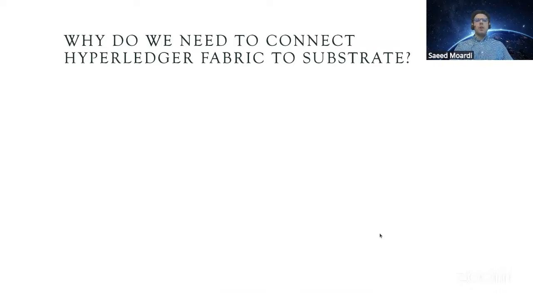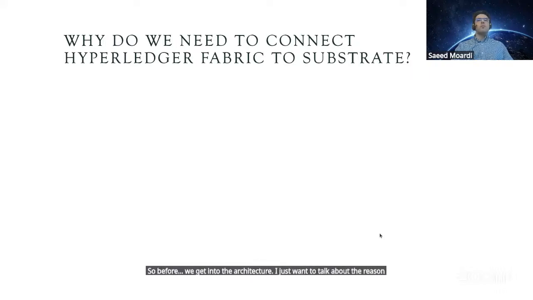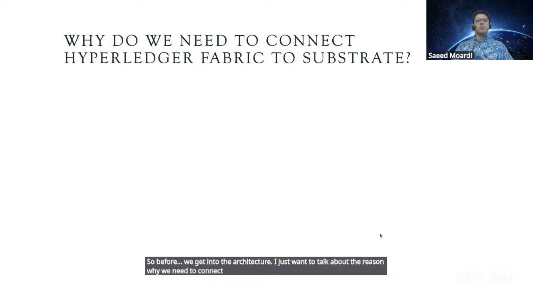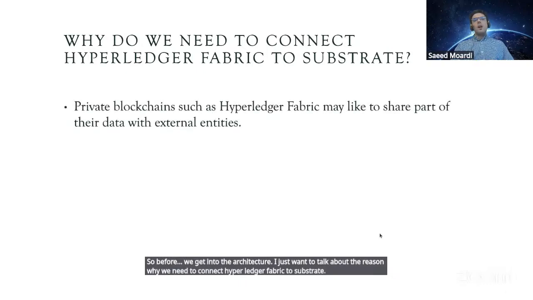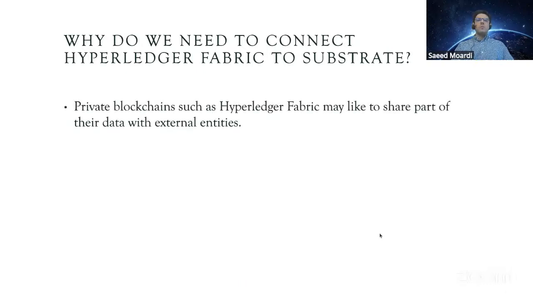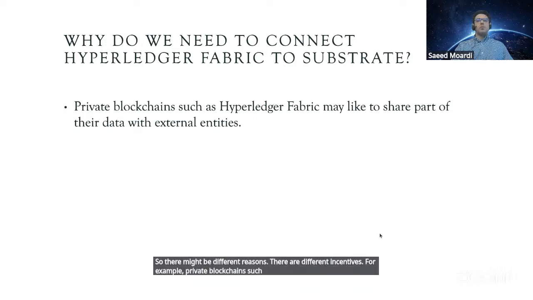So before we get into the architecture, I just want to talk about the reason why we need to connect Hyperledger Fabric to Substrate. There might be different reasons. There are different incentives. For example, private blockchains such as Hyperledger Fabric may like to share part of their data with external entities.